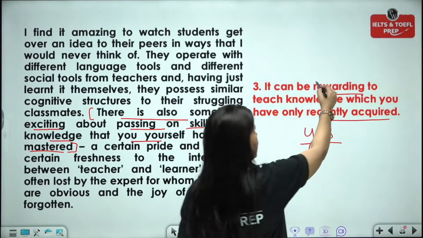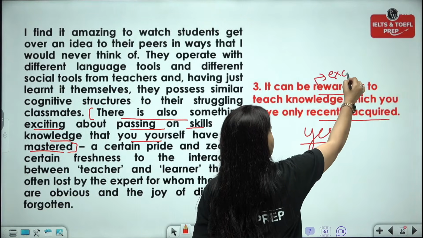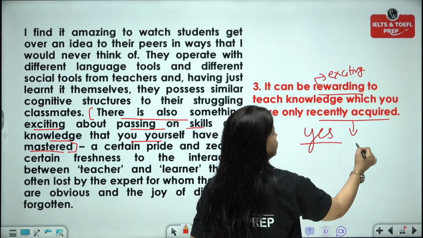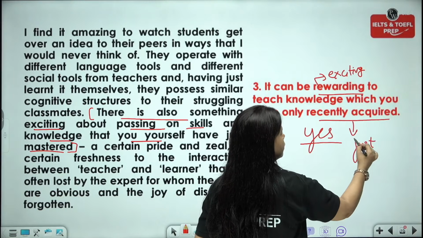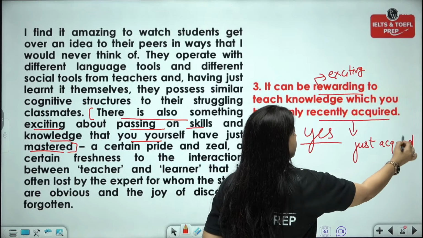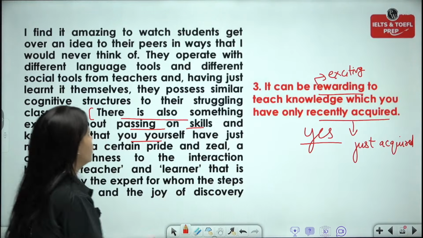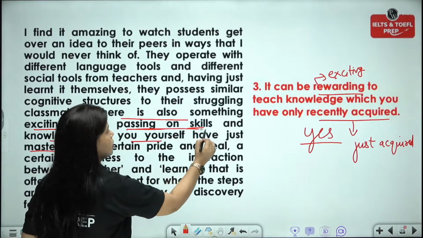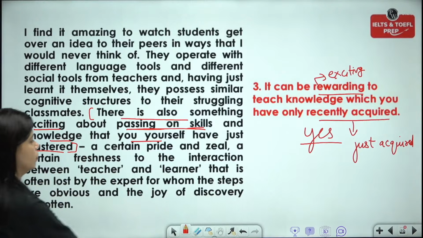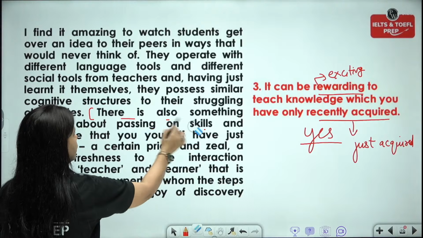Rewarding is written as exciting. Recently acquired, it's written as just acquired. Teach knowledge is written as passing on skills. The same thing. But I understand why you got confused. Let's talk about it once more.